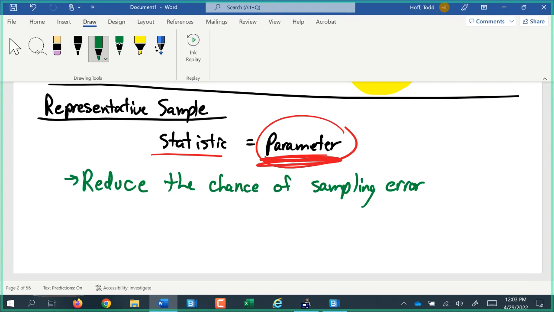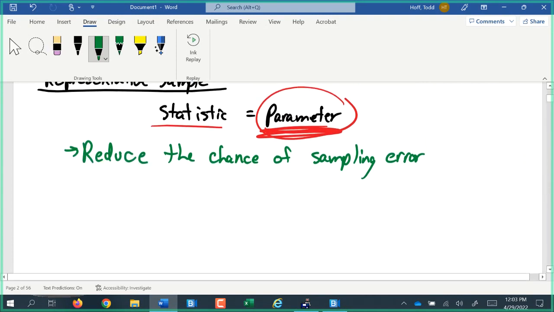And this is where, if this were a full-blown statistics course, we would take a few weeks studying probability so that we'd look at those probabilities and how likely it is that the sample is going to be good or bad based on those probabilities. But right now, we're just going to look at basic concepts that decrease that chance of sampling error.